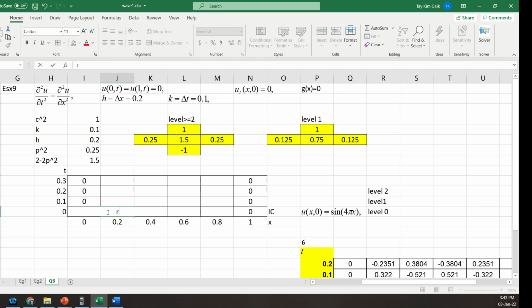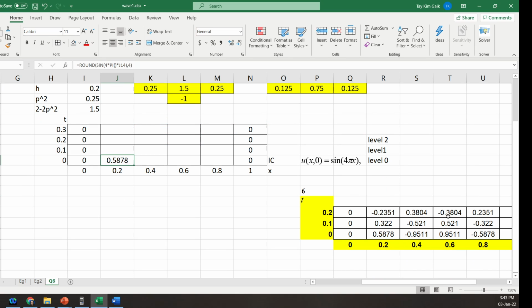You may round it to 4 decimal places. This is the answer. Check. We obtain the initial condition correctly.